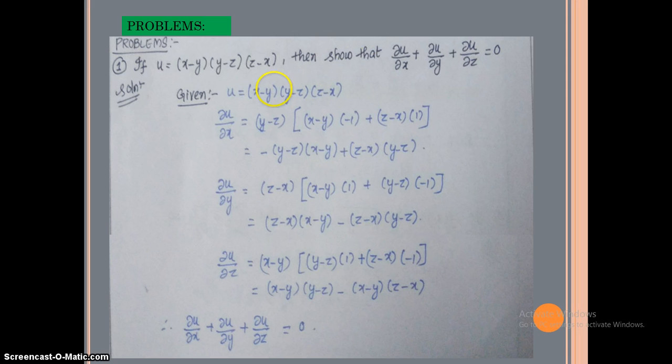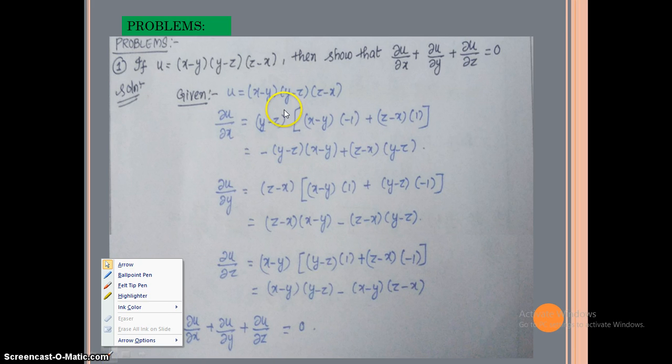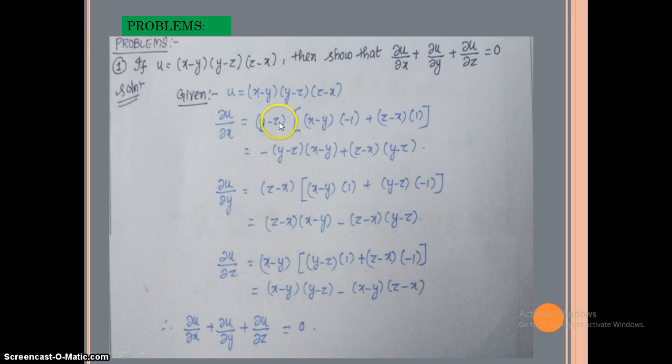So first dou u by dou x. Taking with respect to x, which one is the constant term? y minus z is the constant term, so I can take it outside. The remaining term is x minus y into z minus x, which is in uv form.